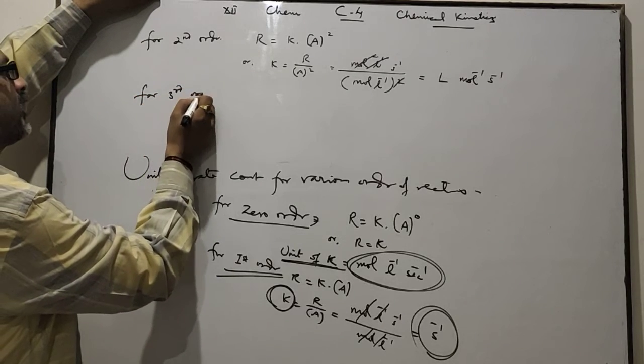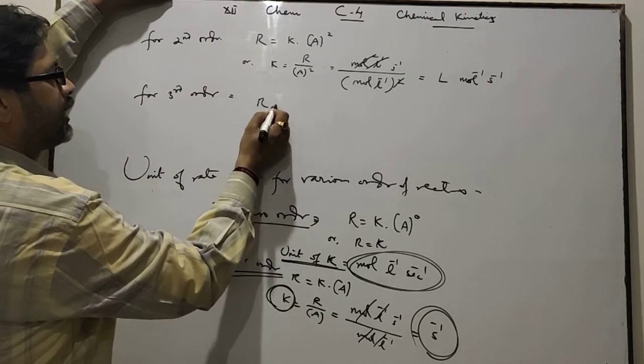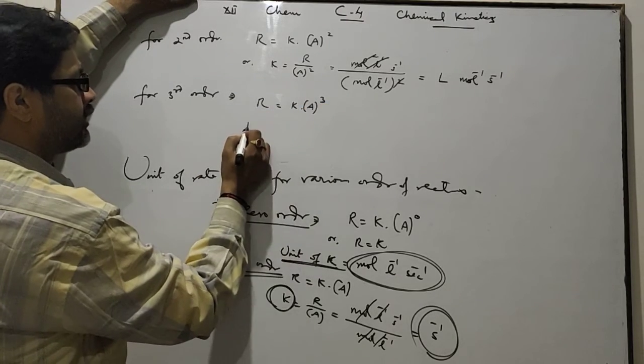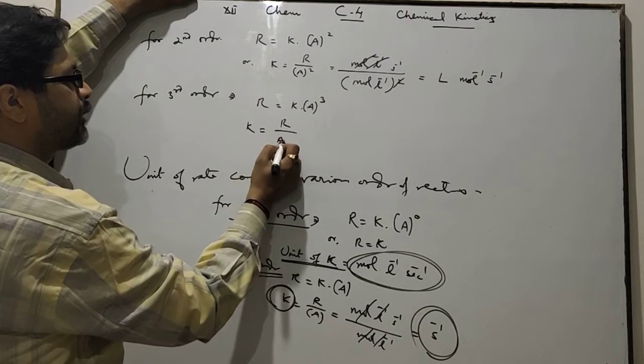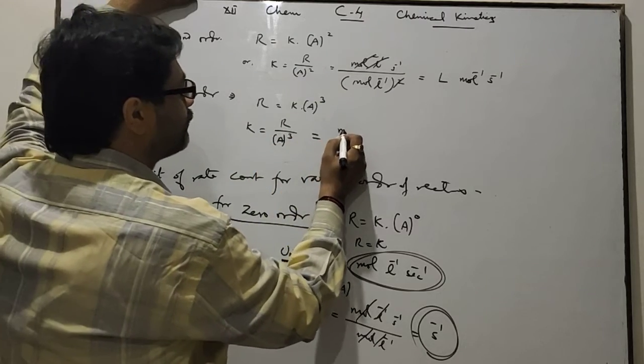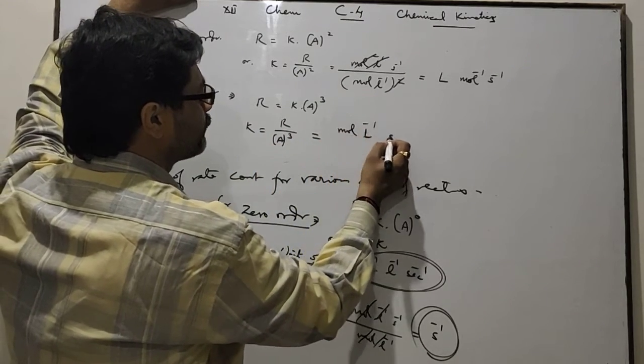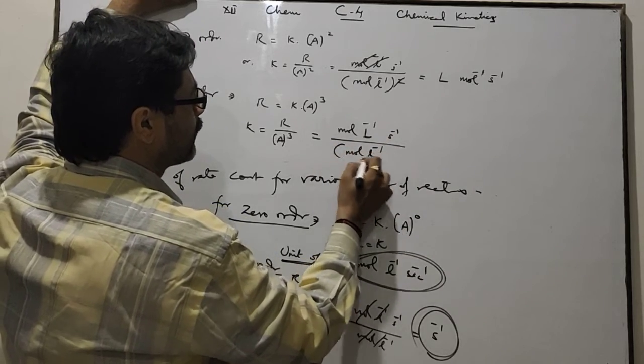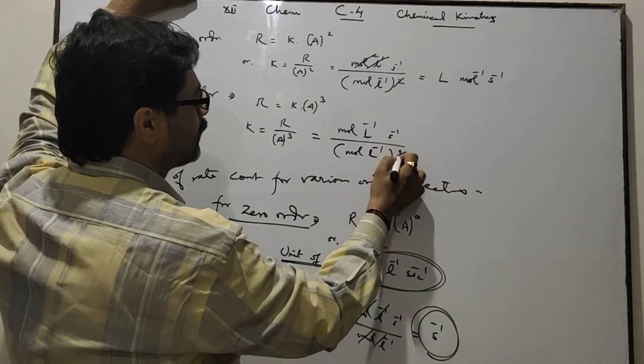For third order reaction, R equals K A to the power 3, K equals R upon A cube, mole per liter per second upon mole per liter whole cube.